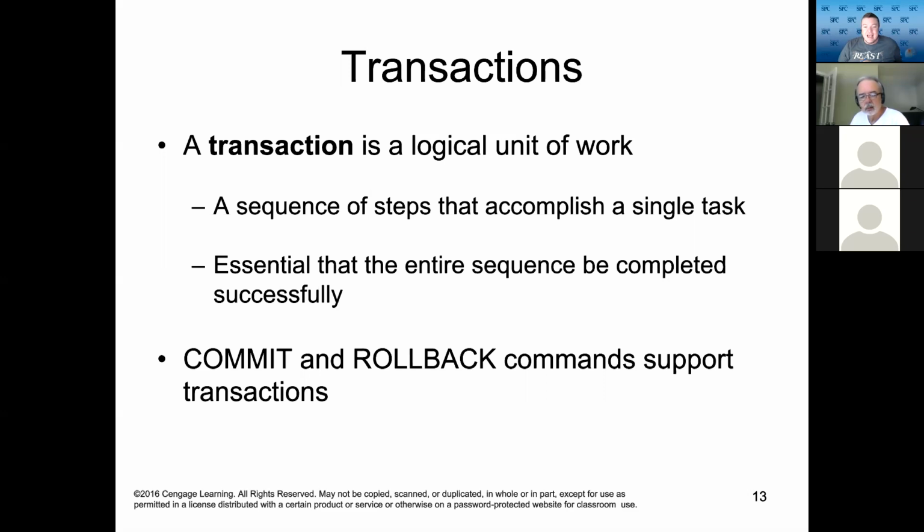We don't want to get half of that data in there, and then the next call is to look at that data we just put in there to come up with the total and then charge them. If we did that as single transactions, every query its own transaction, one of those transactions could go wrong, and we would do things down the road that we wouldn't want to do as one unit of work, right?